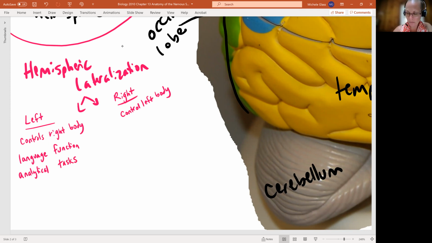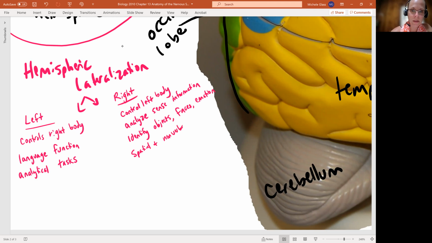Whereas the right hemisphere is involved in analyzing sensory information. It's helping to identify objects, faces, and emotion. We can describe all that as spatial and nonverbal reasoning.